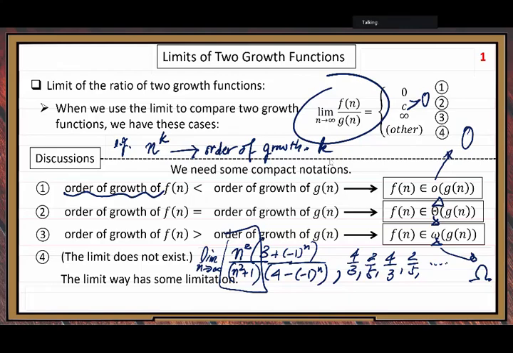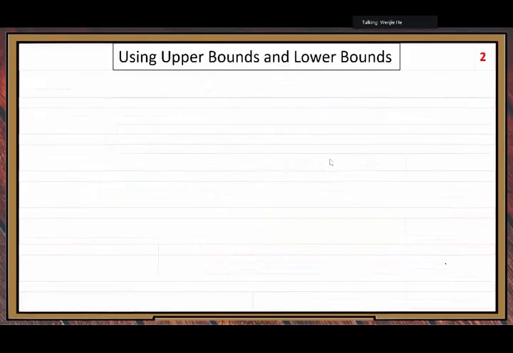Now, next, let's look at this. We use upper bound and lower bound, using inequalities to compare two functions.